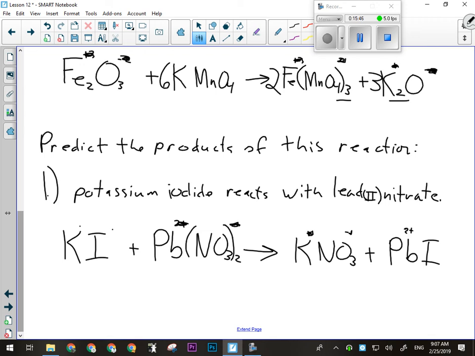So it's 2+ here, iodine's a 1-, so I'm going to drop and swap and get PbI2 for that one. All right, so now I've just predicted the products of a reaction. I didn't have to guess, I just went with what happens in that kind of reaction, and then I made it happen. So we have to be familiar with our 5 reaction types so that we can do that.